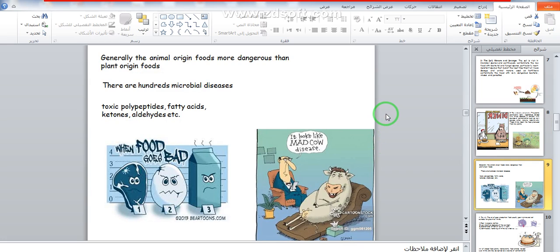Generally, animal origin foods are more dangerous than plant origin foods because of two important reasons. Number one, there are 100 microbial diseases shared between human and animals.